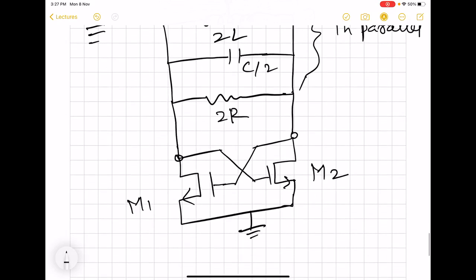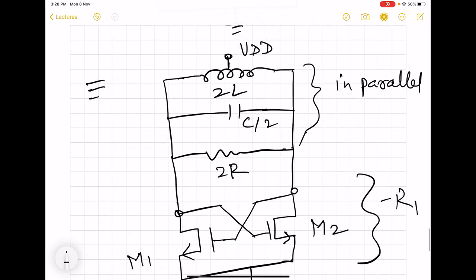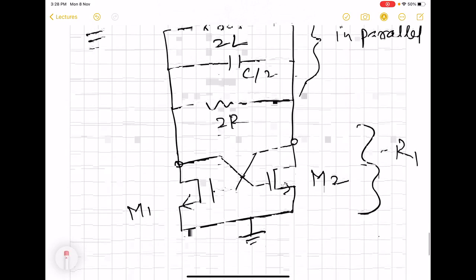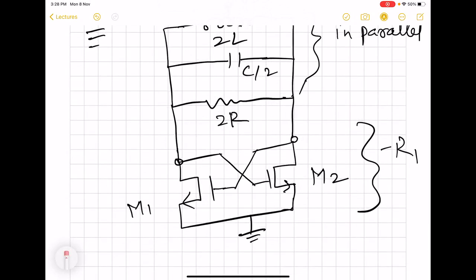So the other part of the circuit should equivalently represent minus R, not necessarily this R. So let us say minus R1, so that this will cancel out this 2R that we have here, and this C and L, they will of course neutralize each other, and on the whole, the admittance of this circuit is going to be 0, and this will act like an oscillator.